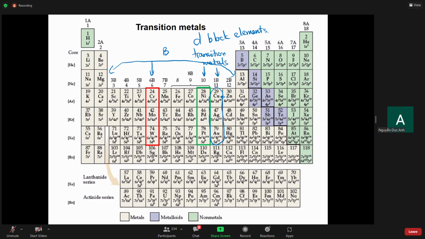Some other thing you see, like the case of this column: nickel, palladium, platinum. Do you remember several kinds of reactions, like the hydrogenation reaction in organic chemistry, as you saw in high school? You do the hydrogenation of alkene to alkane.